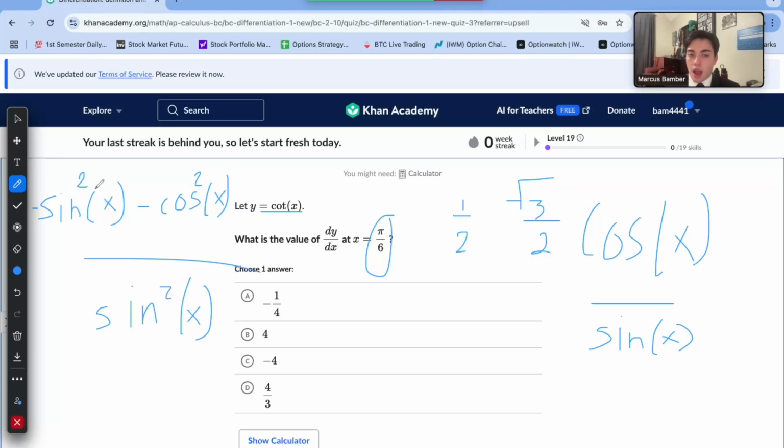So sine squared is 1/4, and then cosine squared is 3 over 4. So our numerator is 1 over 4 minus 3 over 4, which is negative 4 over 4, or simply negative 1. And then our denominator, once again, is just 1 over 4.